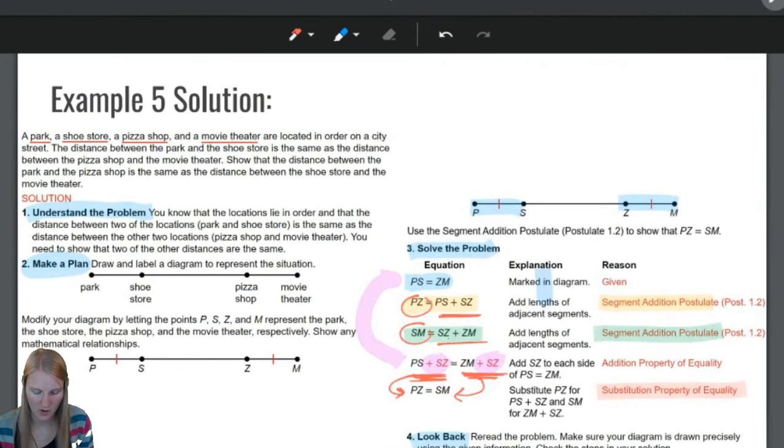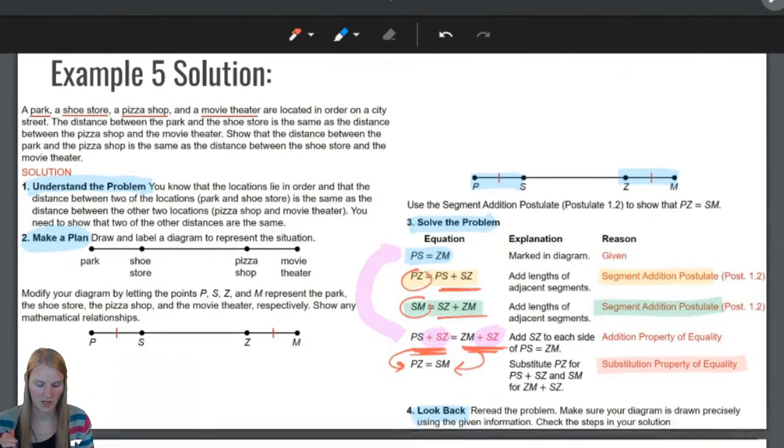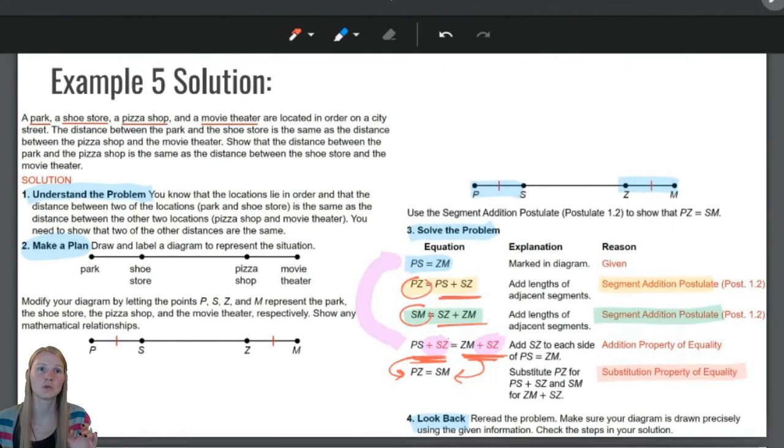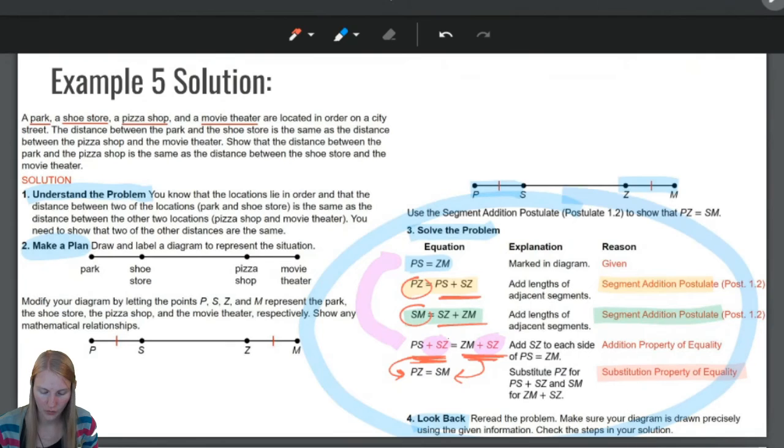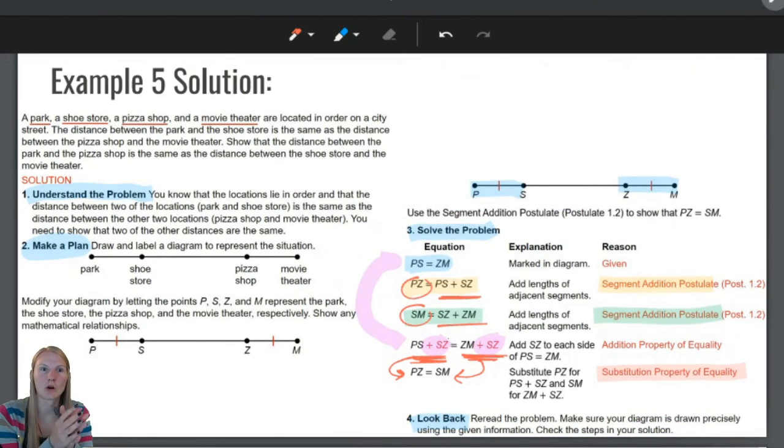And we said, okay, these are the steps we took.